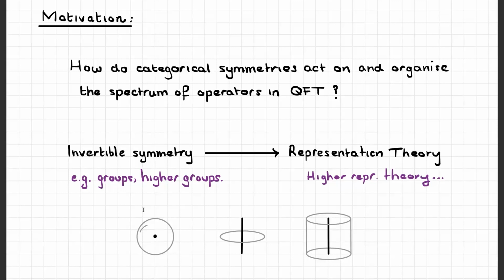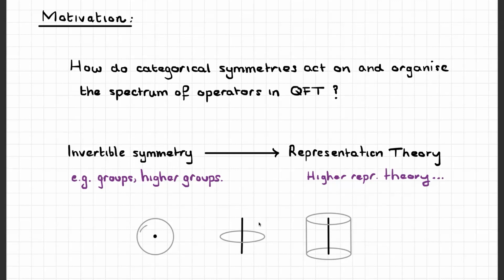Sometimes we like to think about local operators, for example, and we know that local operators will transform in representations of an ordinary symmetry. We also know that if you have line defects, things supported on a line, Wilson lines, 't Hooft lines, then they can be charged, or they can transform in representations of a one-form symmetry, and so on and so forth.